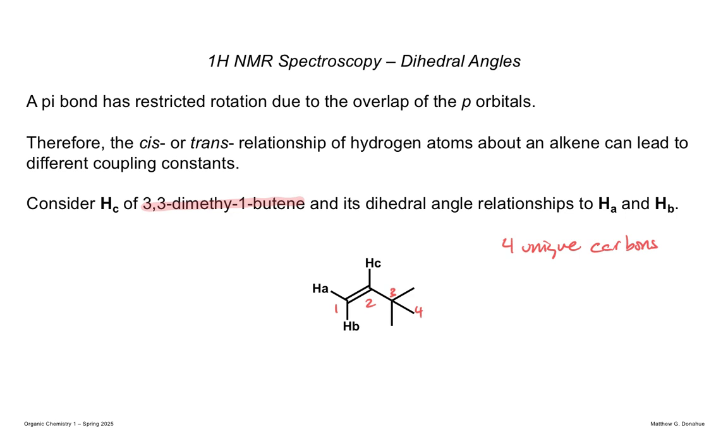Then you could say, well, carbons 1, 2, and 3 would make 3 unique sets. So carbon 1 has 2 hydrogens. Carbon 2 has 1 hydrogen. Carbon 3 has these 3 methyl groups. So those methyl groups would make their own set. Then we would do the normal thing, finding the ratio, 9, 2, and 1.